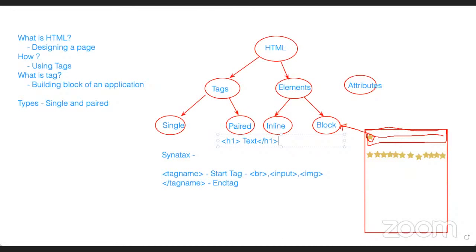A tag with a proper closing is called a pair. You see here, this tag has a start tag as well as an end tag. That's why I can say h1 is a pair tag. The break is an example of a single tag, and even input tags come under single. There is no closing of input, and no closing of image.